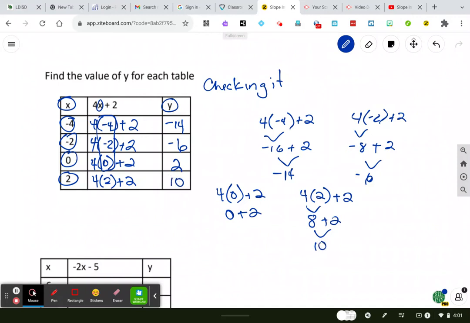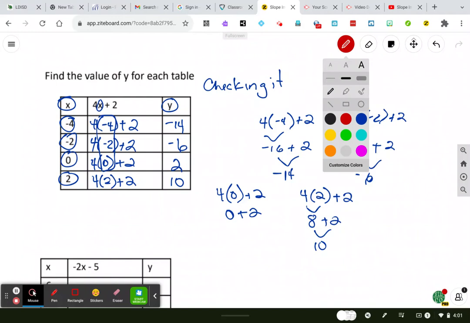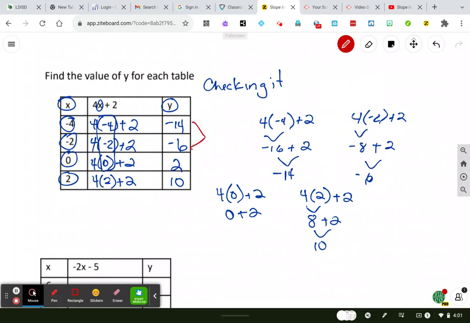So if you look over here, what's happening with the y's? We are adding 8 each time. And with your x's, you're subtracting 2 each time.